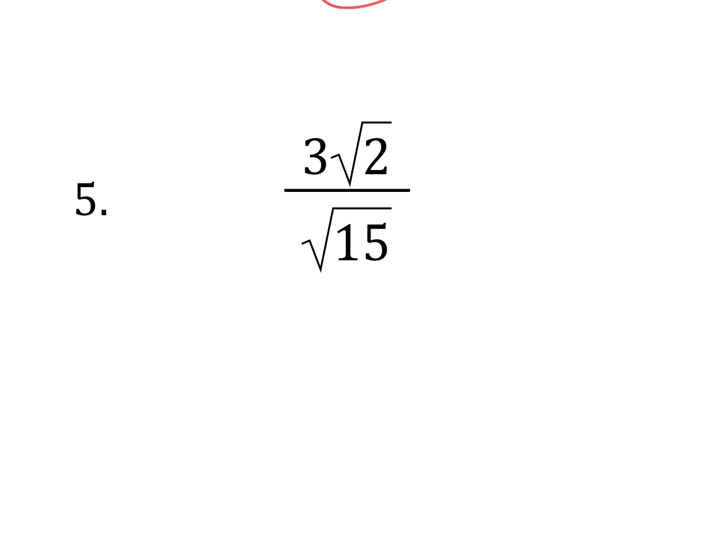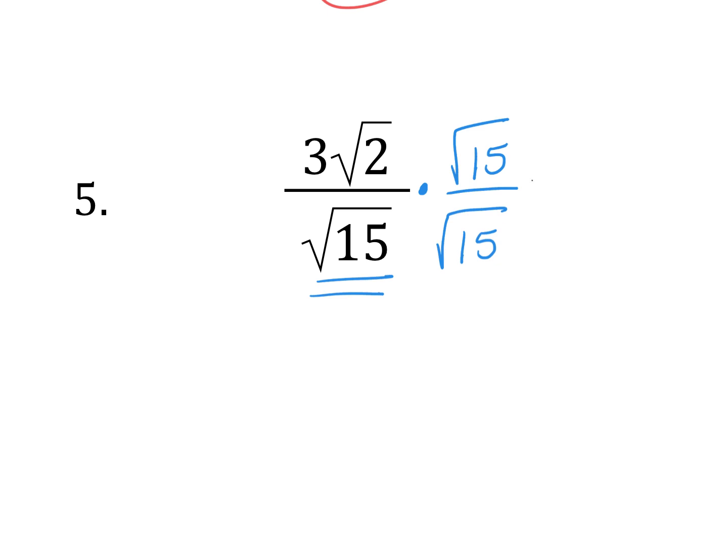Okay, so now I'm going to have to rationalize the denominator by multiplying the radical on the bottom to both the top and the bottom. So watch what I do. I'm going to create the number 1 by multiplying square root 15 over square root 15 to this 3 root 2 divided by root 15.